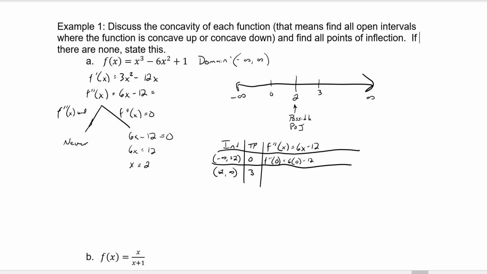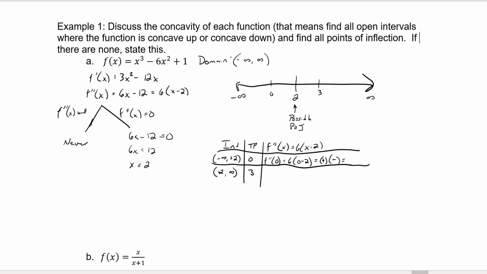which if we think about that as factored form, so that's 6 times x minus 2, makes it a little bit easier for this part, because then we're just looking at products instead of sums and differences. So 6 times x minus 2. So this is 6 times 0 minus 2. So 6 is going to be positive. 0 minus 2 is negative.